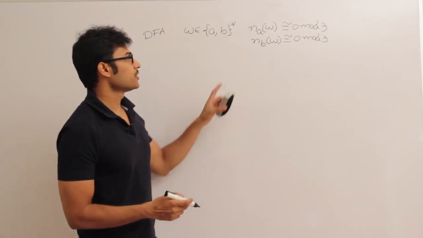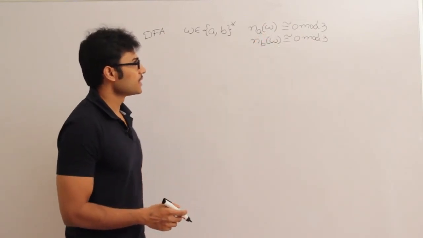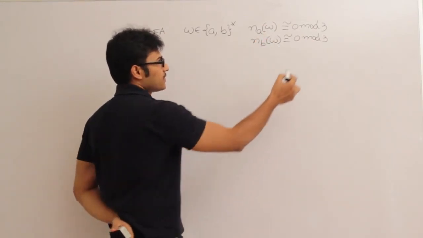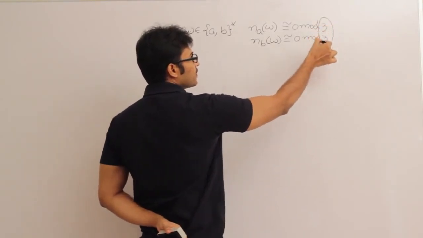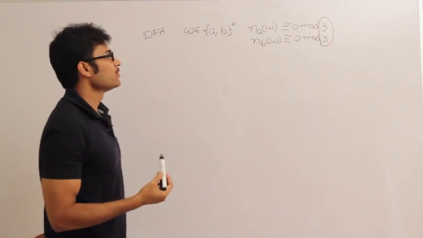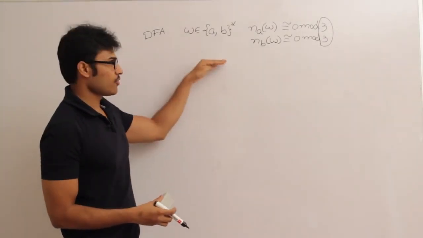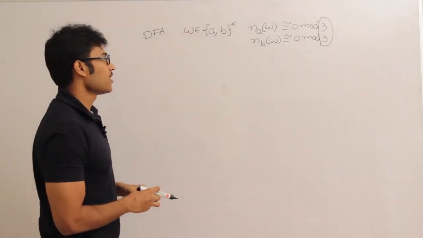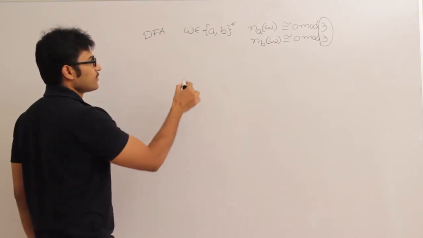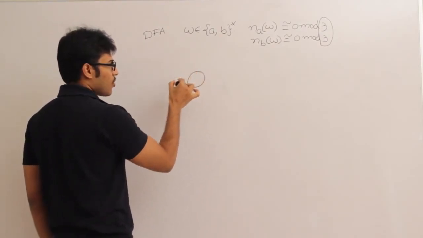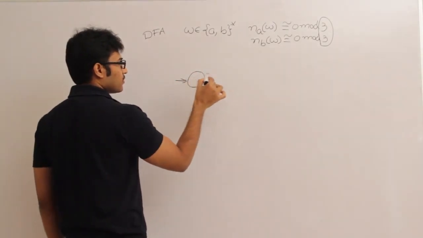From the problem description you can understand that the number of states in the final answer has to be 3 into 3, which is 9. And I will be using the same method, counting the number of A's horizontally and the number of B's vertically. So let me count the number of A's. The A counter is nothing but a mod 3 counter.